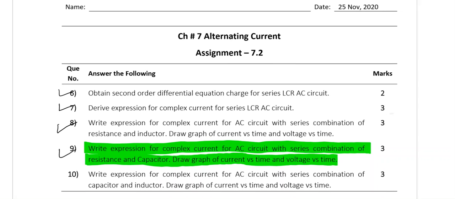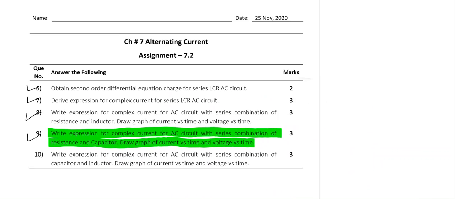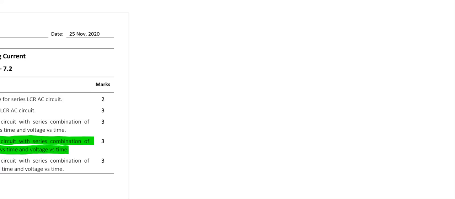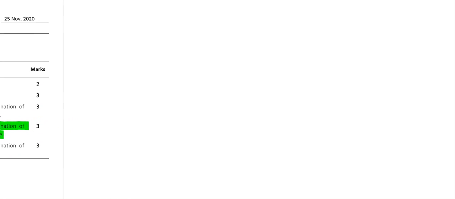So before we get into the topic, let us recall the expression of voltage and current. In complex form, V is Vm e raised to j omega t, which can be written as Vm cos omega t plus j Vm sin omega t.